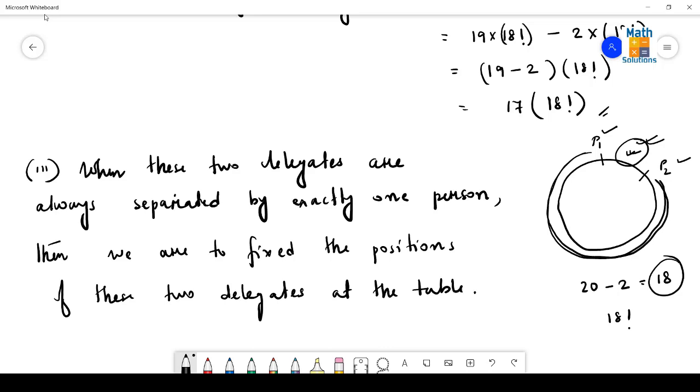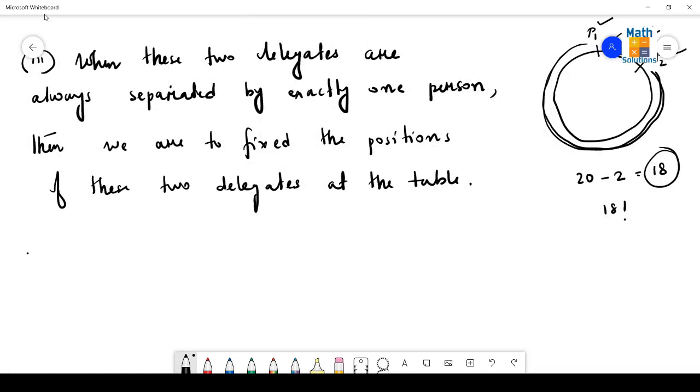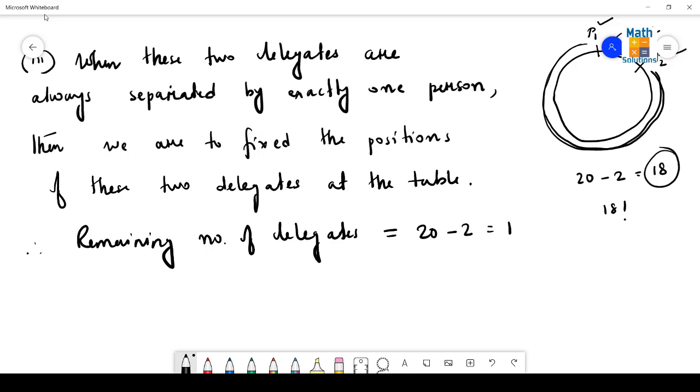So the remaining number of delegates will be equal to 20 minus 2 equals 18.